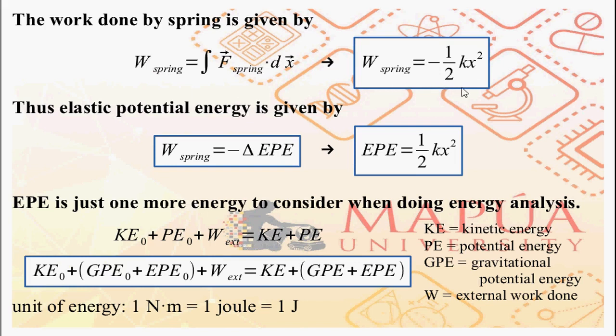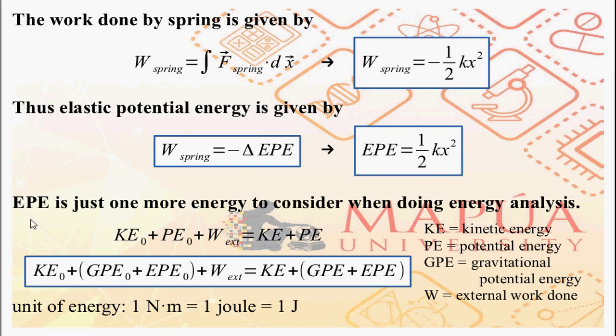The work done by a spring is negative 1/2 Kx squared. And this work done gets stored in the form of elastic potential energy. Elastic potential energy, therefore, is just equal to 1/2 Kx squared.